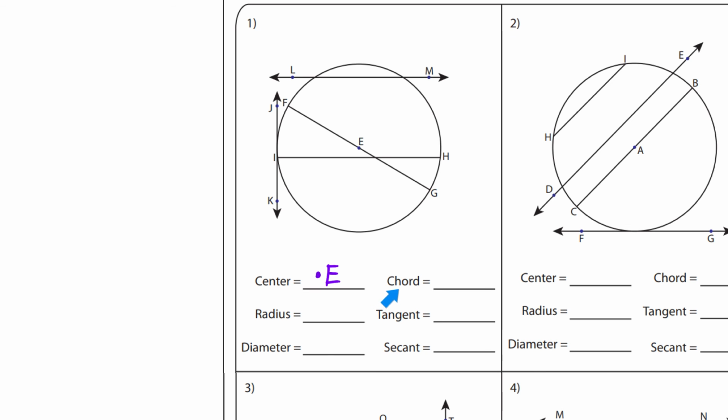The one that is only a chord. Which one up there do you think is just a chord? LM. Okay, LM goes through it. And we really haven't talked about that, but that's the reason we're doing this. I'm going to tell you what this is in a second. A chord has to end and finish on the edge of the circle. So it's IH. Yep.